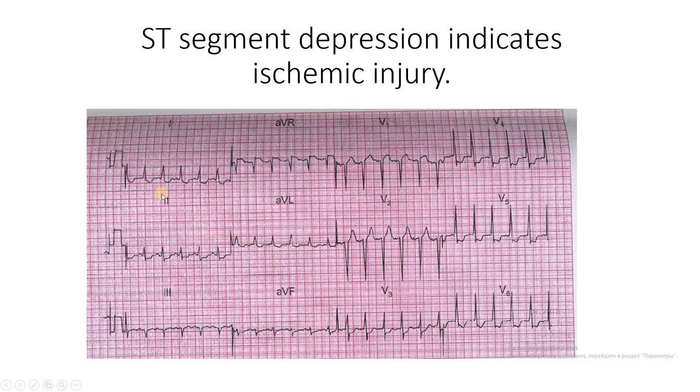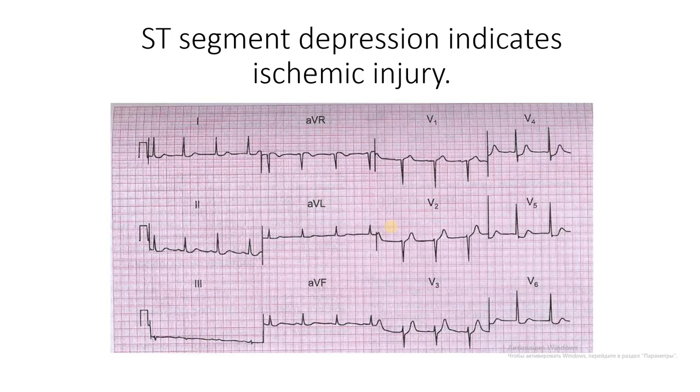Here we can see in the first lead, AVL leads, and especially V3, V4, V5, V6, horizontal depression of the ST segment. This means the patient has ischemic injury. And here also we can see ST depression, and in V6 also ST depression.